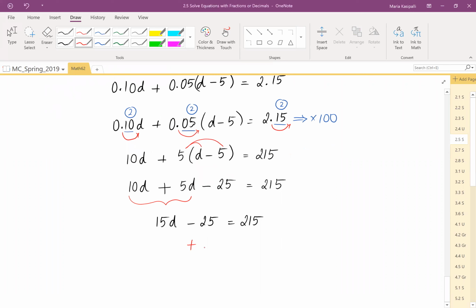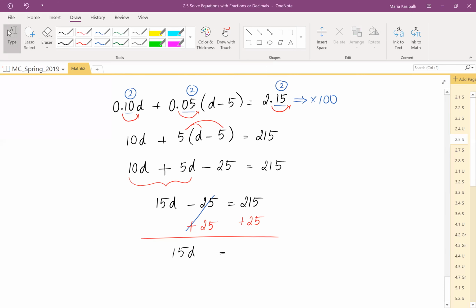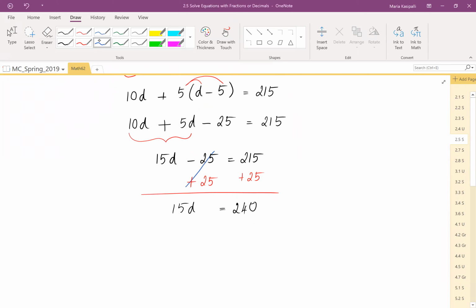Now we need to add 25 on both sides. That gives us 15D equals 240. Divide by 15, divide by 15. And 240 over 15 comes out as 16.